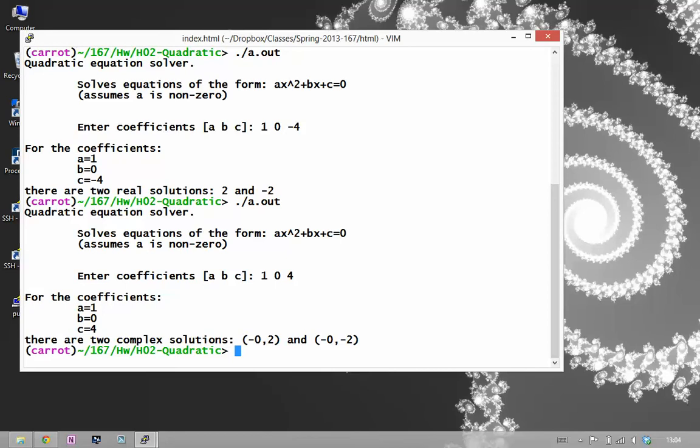You can say x plus iy, where x is the real part and y is the imaginary part, or you can present them as ordered pairs, where the first slot is the real part and the second slot is the imaginary part. So this is exactly equivalent to plus or minus 2i. This is much simpler in a way than printing out x plus iy or x minus iy, and I'll talk a little bit about that in a minute.